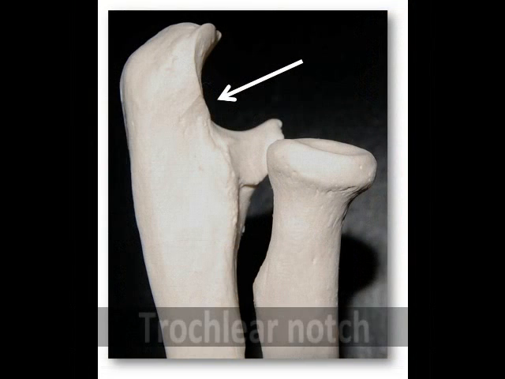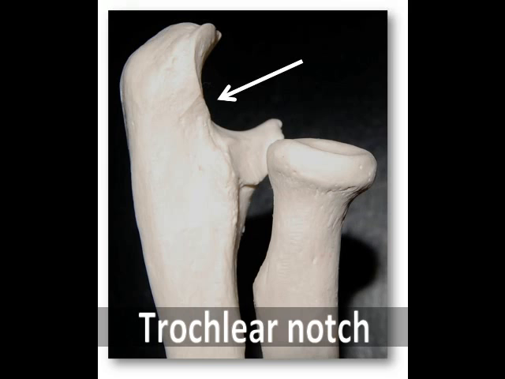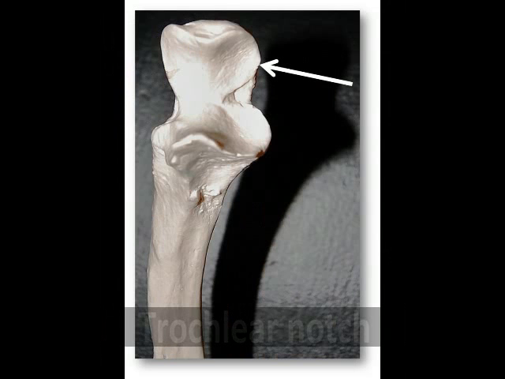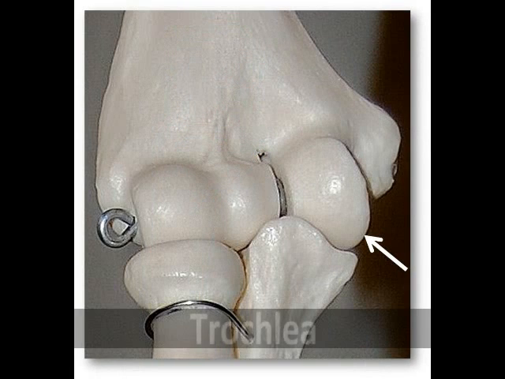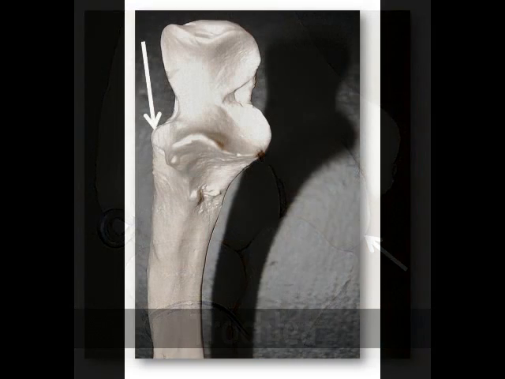The trochlear notch is the larger curved area shaped like the letter U, which identifies this bone as the ulna. It's found between the olecranon and the coronoid process and forms part of the elbow joint. It's named after the trochlea of the humerus, the tooth-like process with which it articulates.